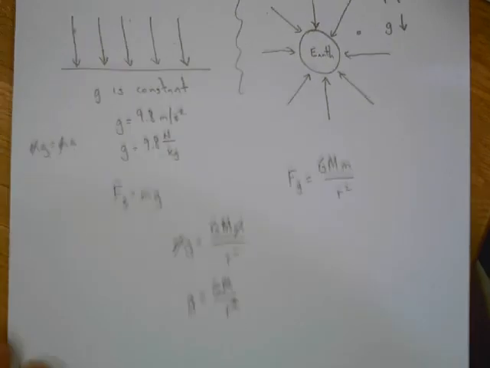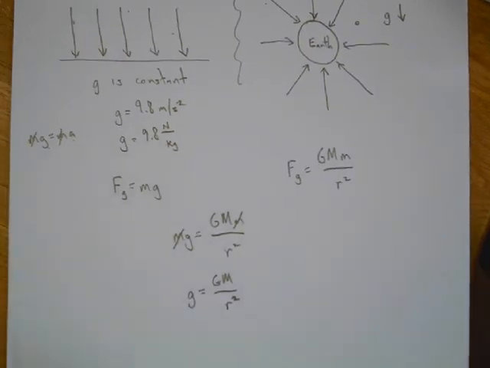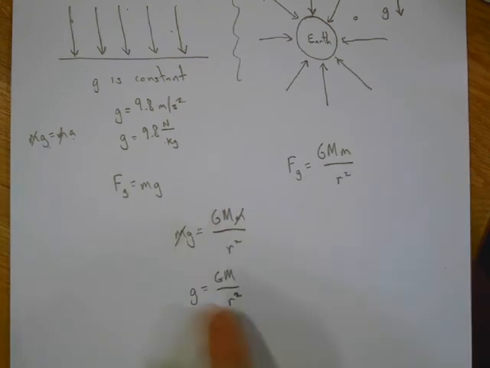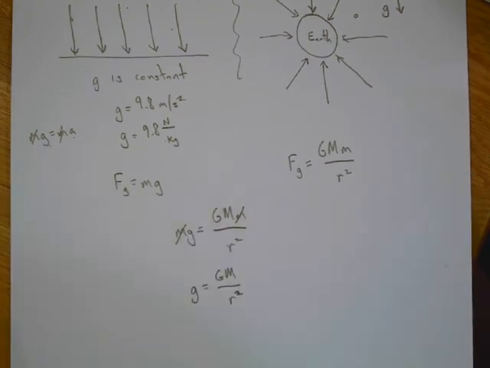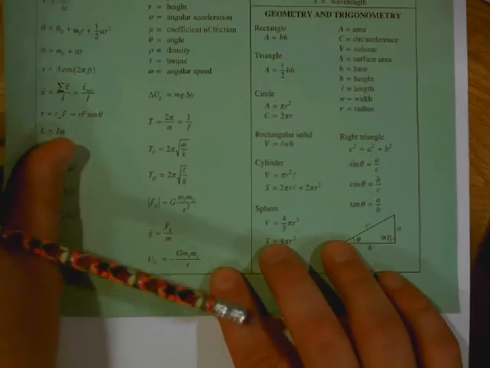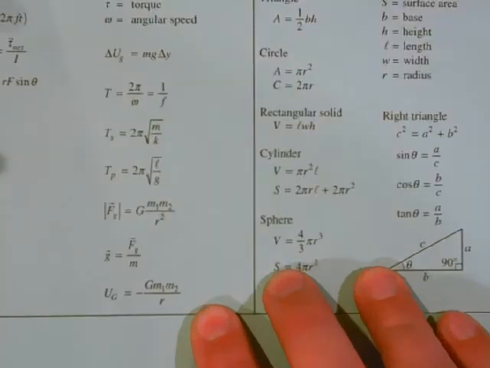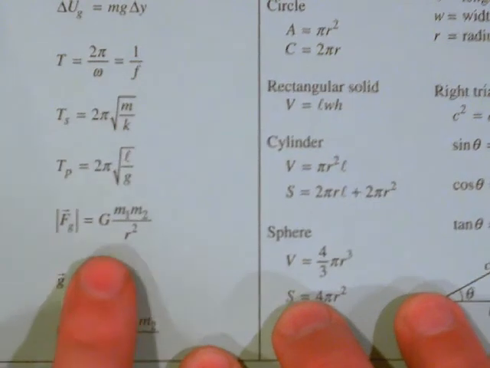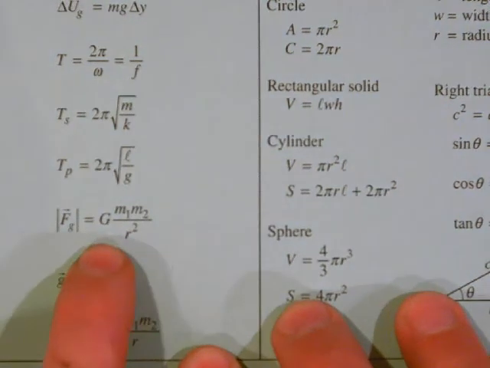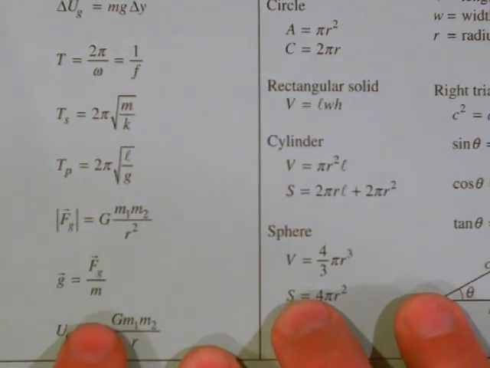Now, some of you might be going, geez, I need to memorize that. No, you don't need to memorize that, because you can easily solve for it. On your formula sheet, let me zoom in so you can see, right here there's your universal law of gravity.